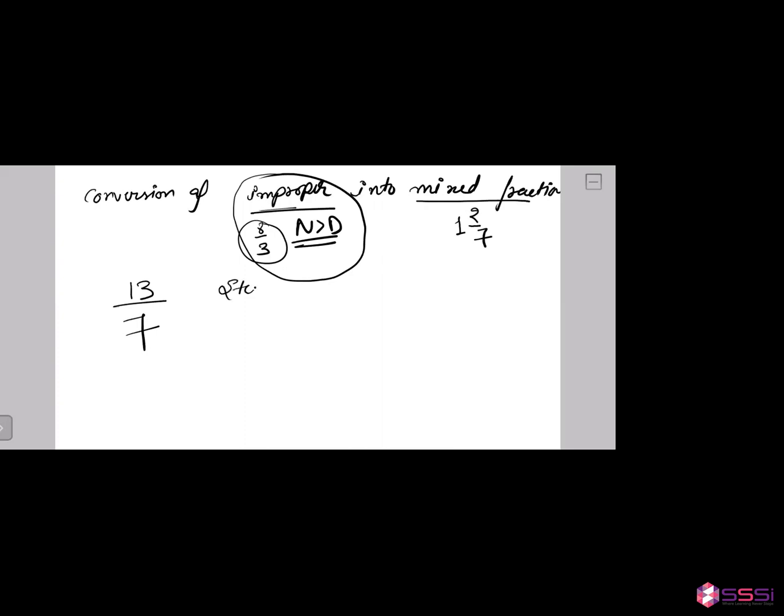Step 1, what we're going to do here, we divide and find the remainder. So when you divide 13 by 7, what do you get? Tell me.